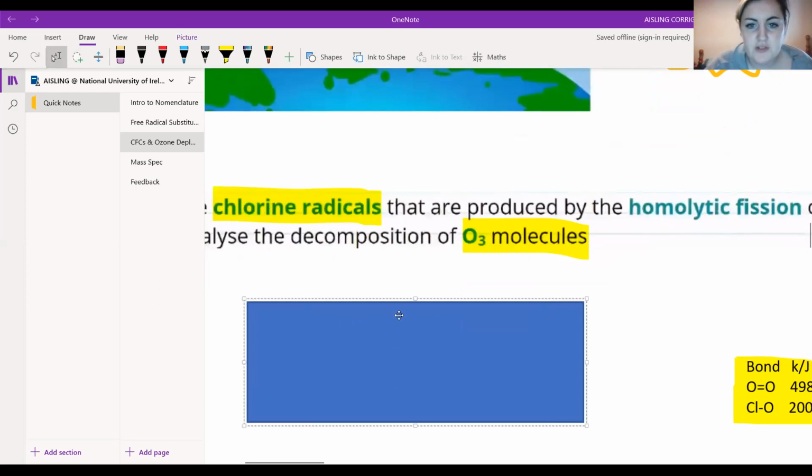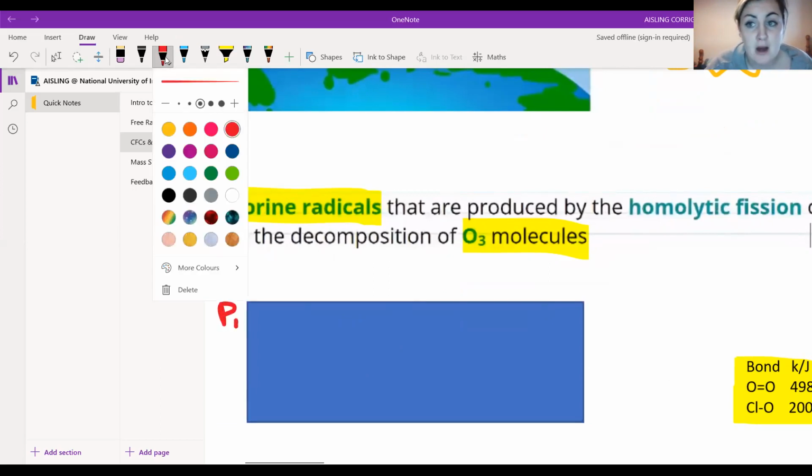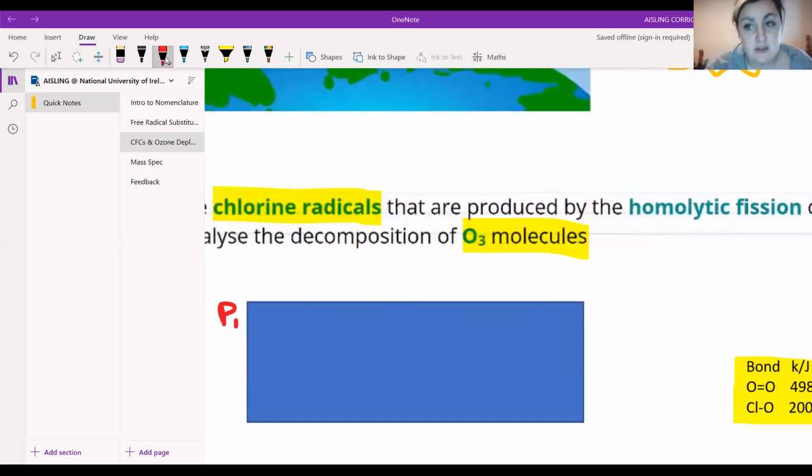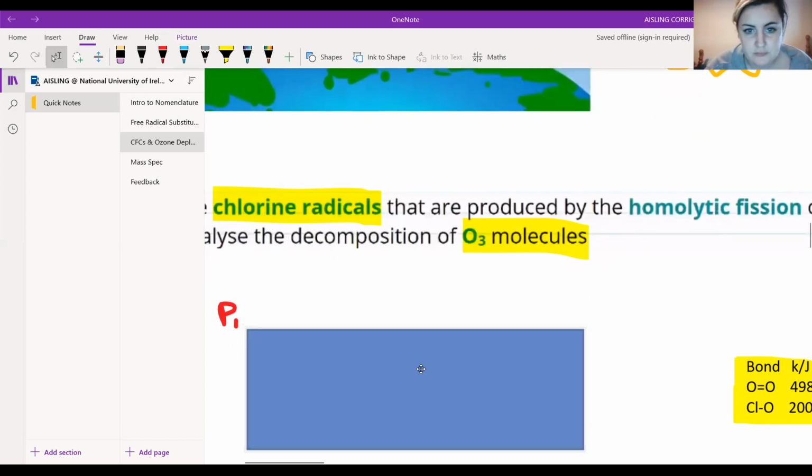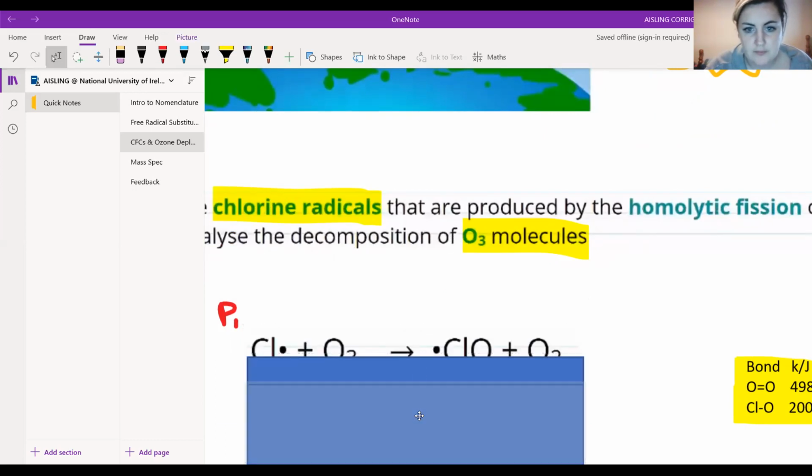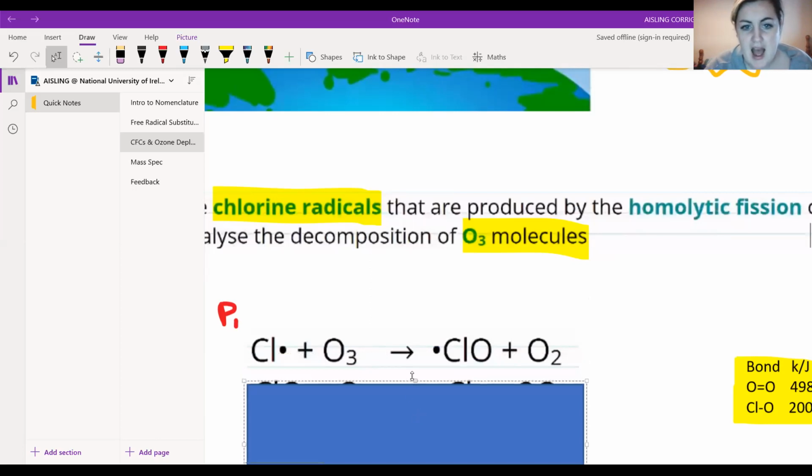Right. So the first propagation step. Again, I'm going to denote propagation P1. We know we're going to have a very stable molecule and a very reactive radical. So the first one is going to be the Cl radical. Don't give too much away there. So we see here our Cl radical is going to react with our O3.